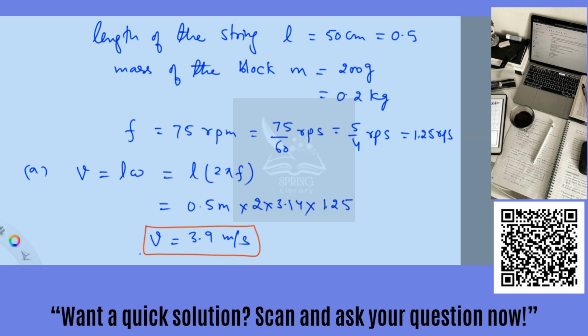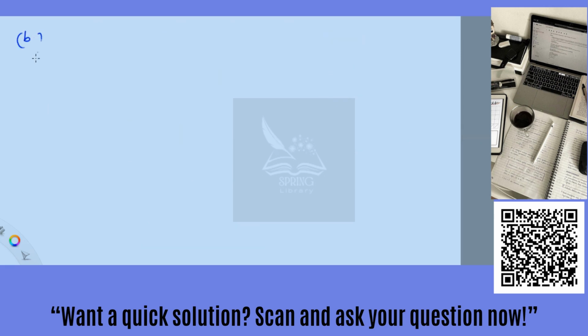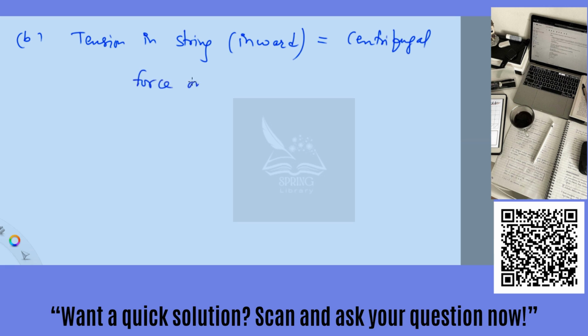Now, in the second part of the problem, we have to find the tension in the string, and that tension in the string, which is radially inward, will be equal to the centrifugal force acting on the block radially outward.